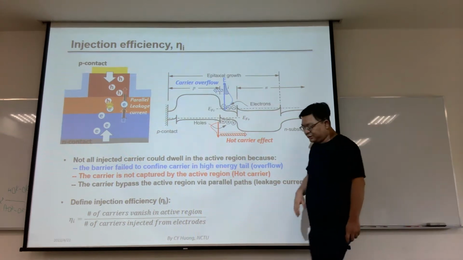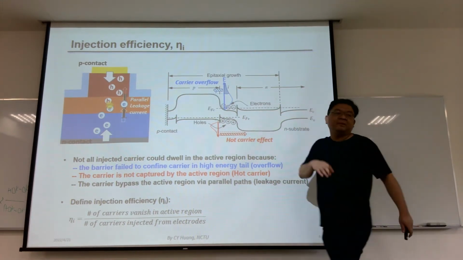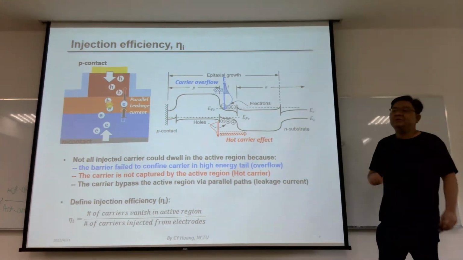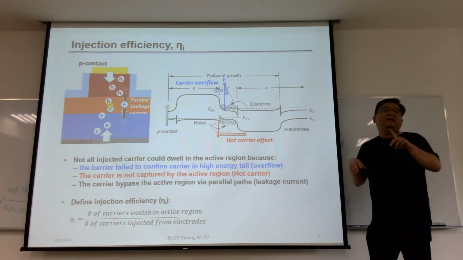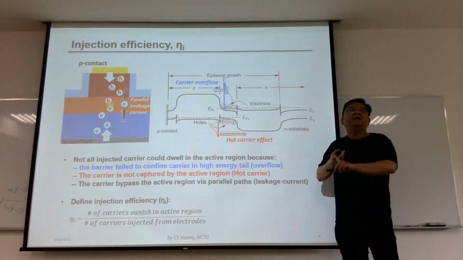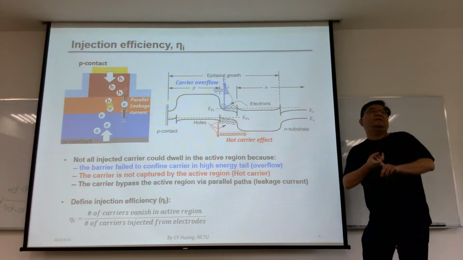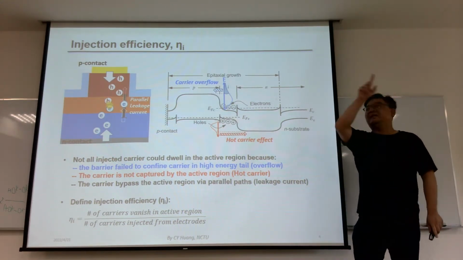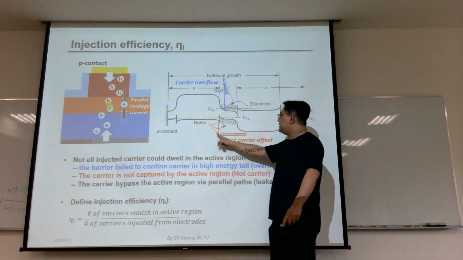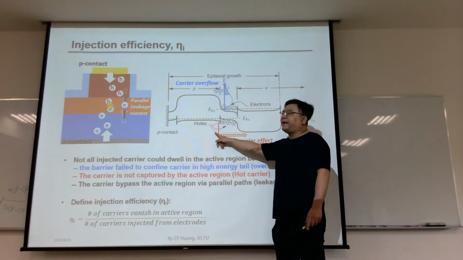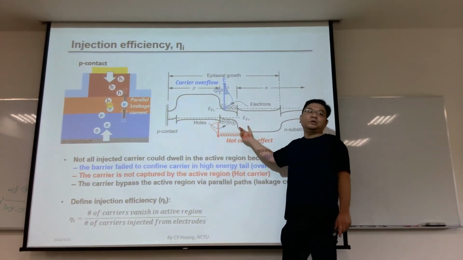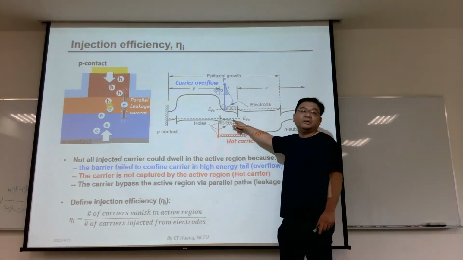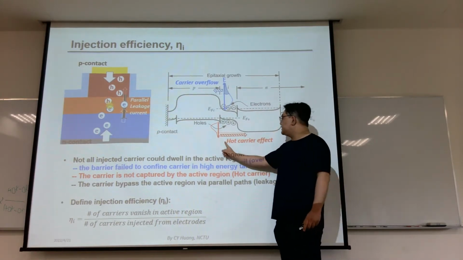I need to put my leg in, and I get trapped. However, if your carrier runs really fast and doesn't have much time to interact, the carrier is still at high energy and might directly surpass the active region without really going into it. This is called the hot carrier effect.